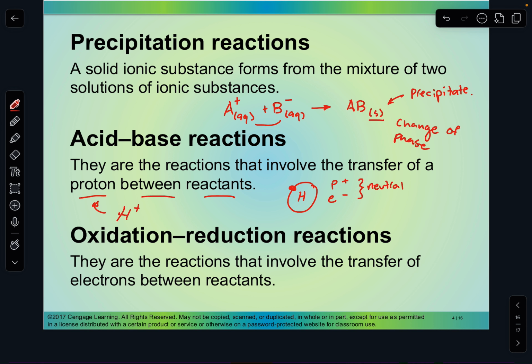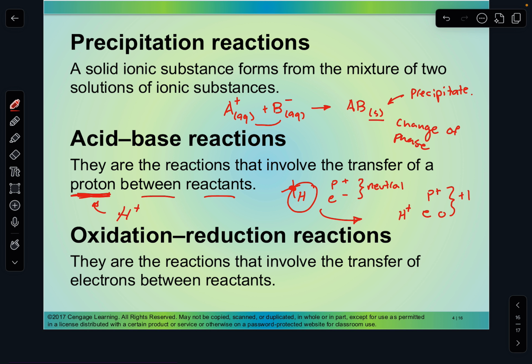But if that electron is lost, and let's say we kick it out, we have H with just one proton, and the electrons are going to be 0. And so your overall charge is +1, which is the same as just having a proton. So you get H+. And so a proton is what is going to be transferred between reactants in an acid-base reaction.